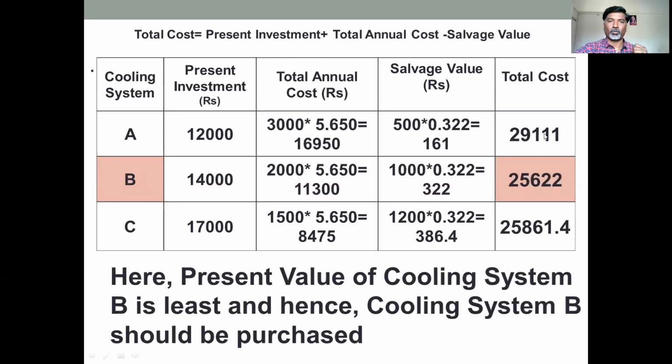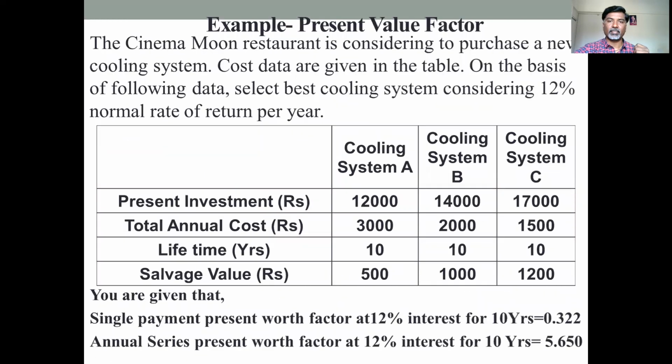Here this is the formula for total cost. Total annual cost is 3,000. See here, the 3,000 is nothing but my total annual cost, and for total annual cost they have given the annual series present worth factor at 12% interest rate, which is equal to 5.650.